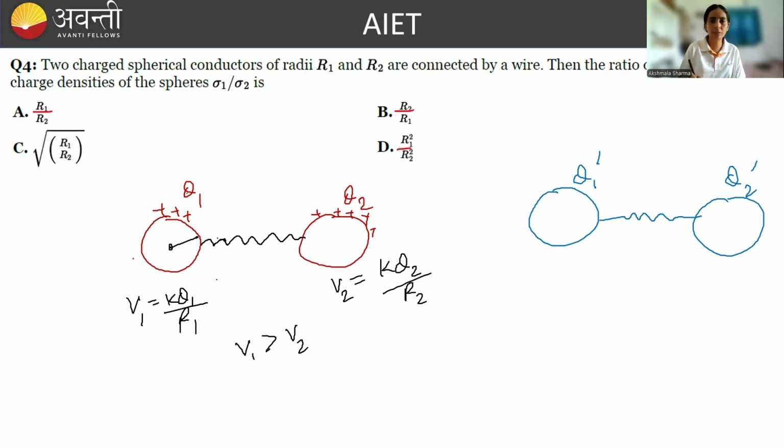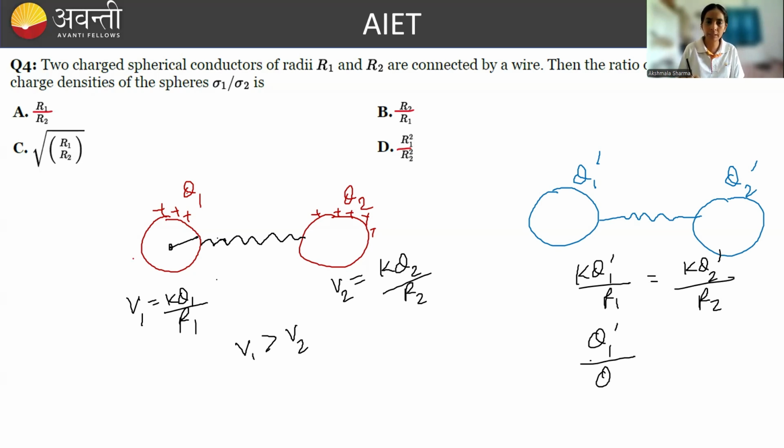Now let's do the calculation. So if the potential is the same, it means KQ1 dash by R1 will be equal to KQ2 dash by R2. So if you look at it, Q1 dash by Q2 dash is equal to R1 by R2. So you can clearly see here, charge is directly proportional to the radius. You can see Q1 dash is directly proportional to R1.